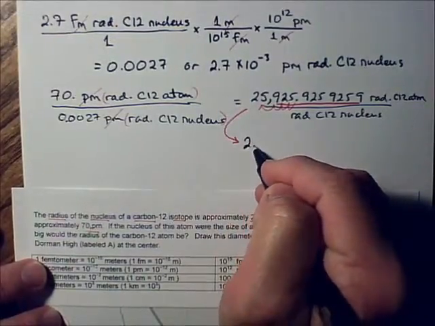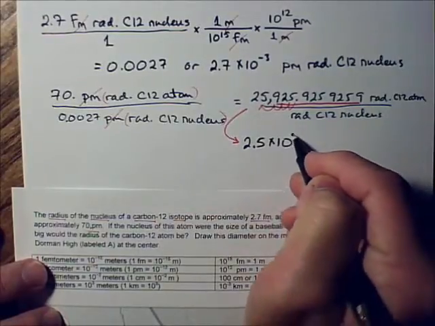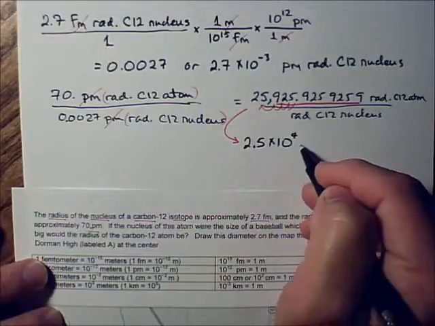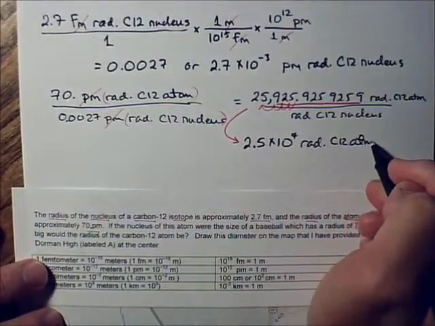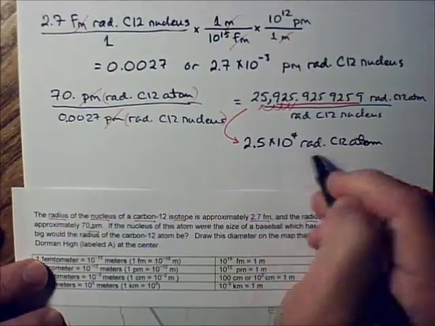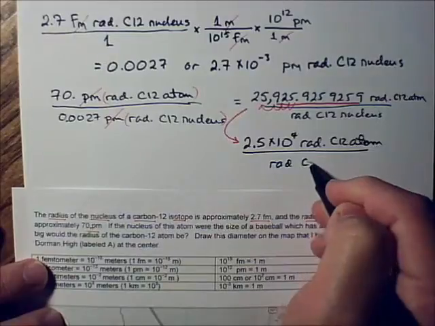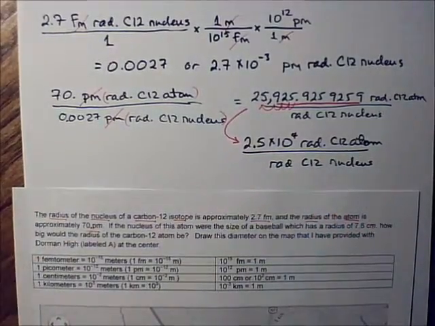So that's 2.5 times 10 to the 4th, because I moved it 1, 2, 3, 4, 4th power. And this is the radius of the carbon-12 atom compared to the radius of the carbon-12 nucleus. All right?